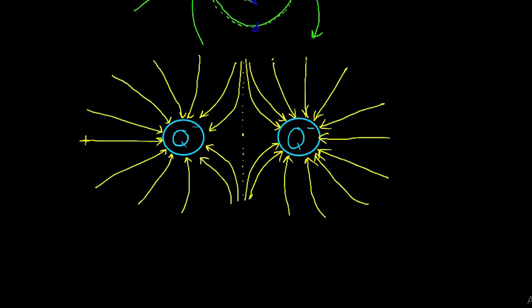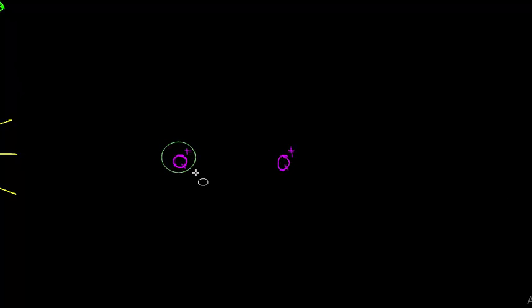Okay, now let me show you just for the positive ones, two positive ones, it looks the same. So for example, I've got a positive charge and I've got a positive charge here. And if I consider a simple positive charge here in the center, again both will be repelling it with the same size.